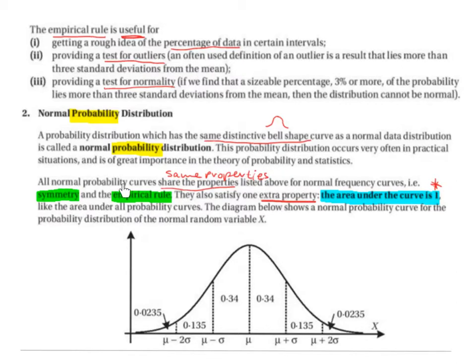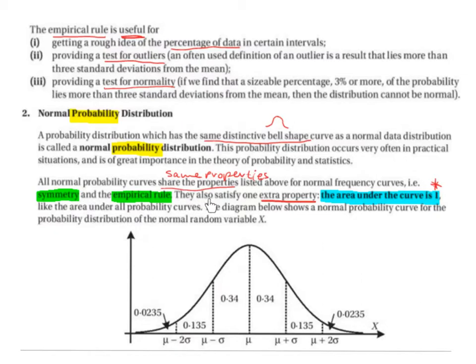All normal probability curves share the same properties listed above for normal frequency curves, i.e., symmetry and the empirical rule. So symmetry and the empirical rule also apply to normal probability distribution.